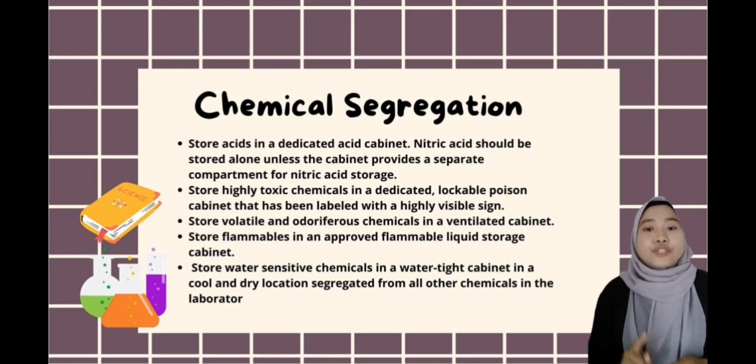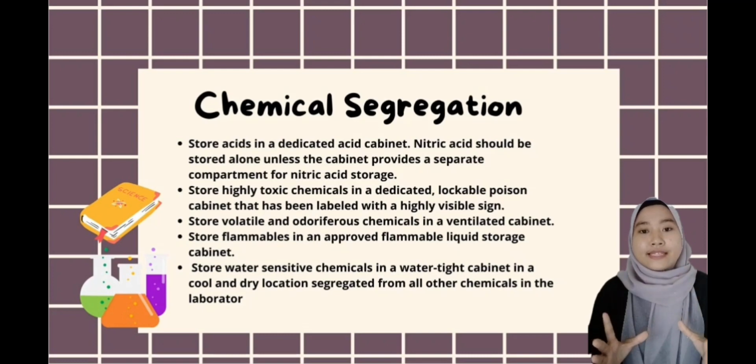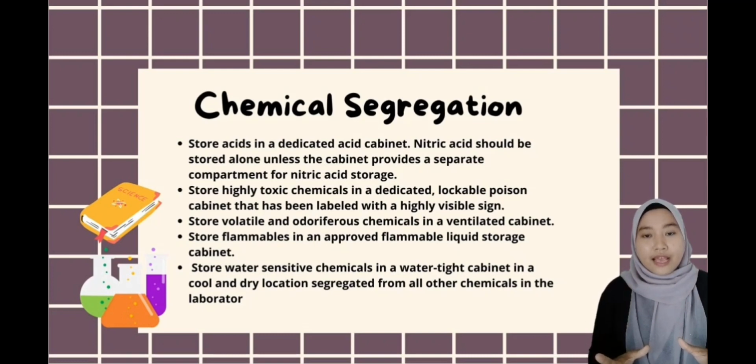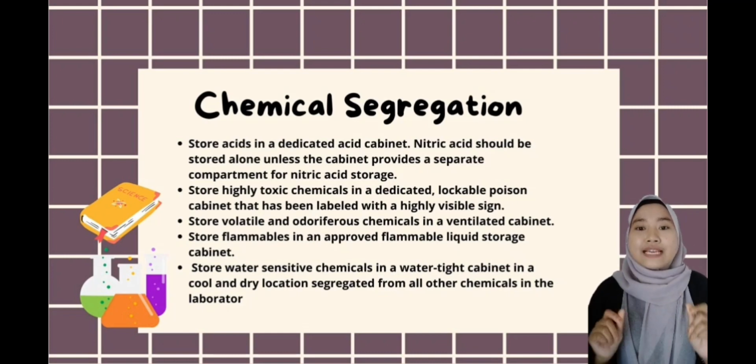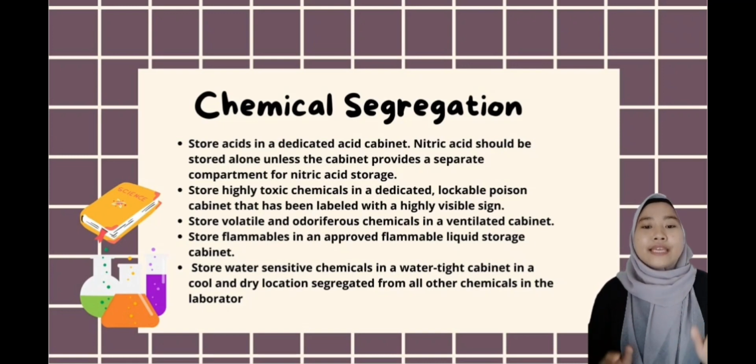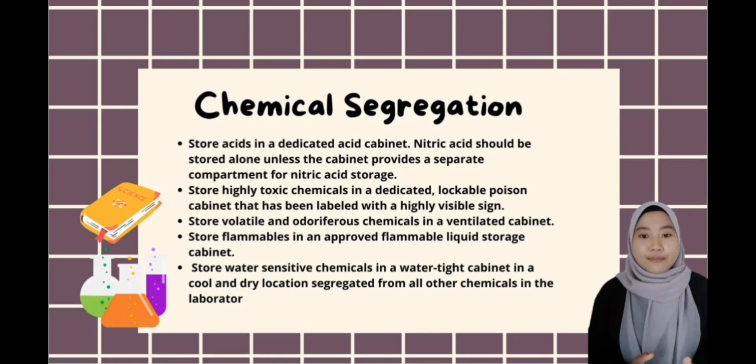For instance, store acid in a dedicated acid cabinet. Nitric acid should be stored alone unless the cabinet provides a separate compartment for nitric acid storage. Store highly toxic chemicals in a dedicated lockable poison cabinet that has been labeled with highly visible signs.